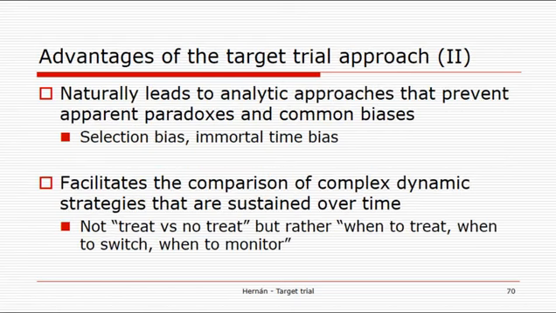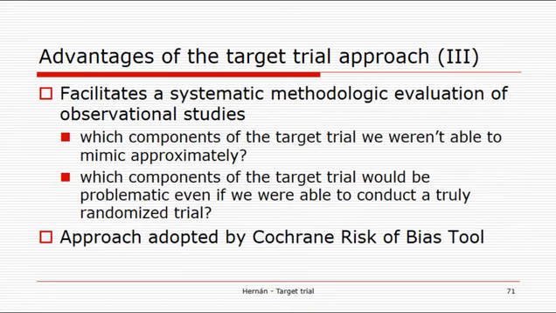Also, by thinking in terms of the target trial, we eliminate some biases in a natural way. We don't have biases due to immortal time bias, due to depletion of susceptibles, etc., that are very prevalent in observational research. We also allow for a systematic evaluation of observational analysis, because we can think of each of the components of the target trial and which of them we are emulating better or worse.